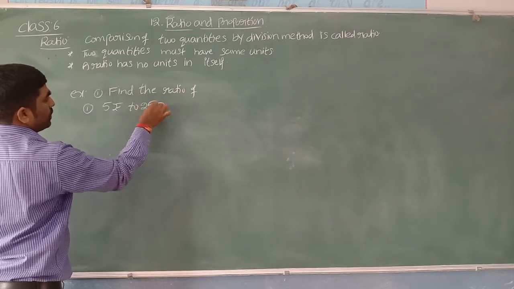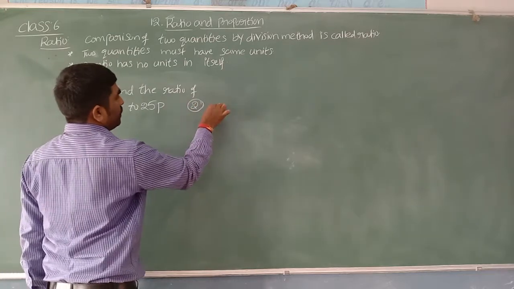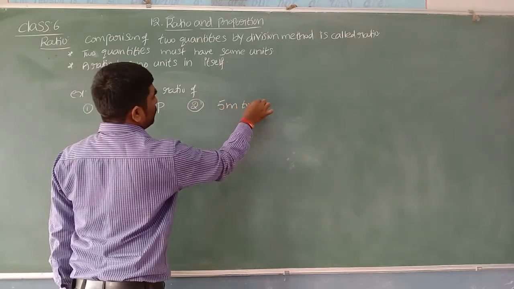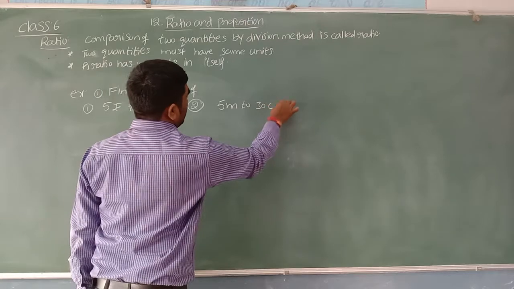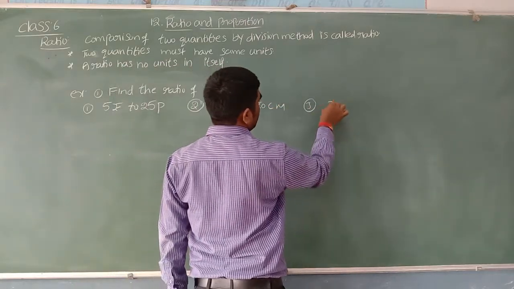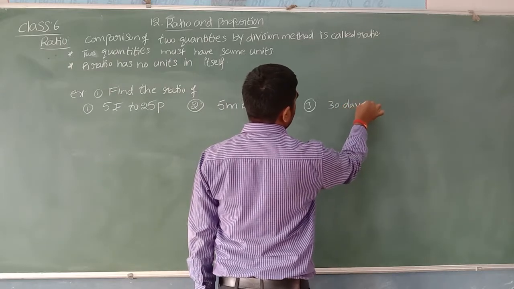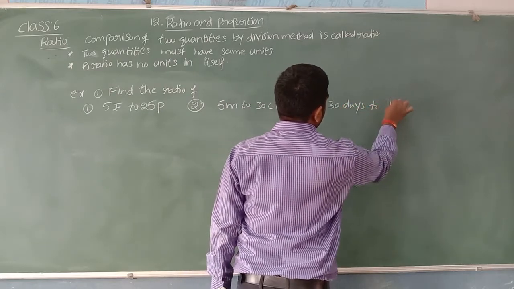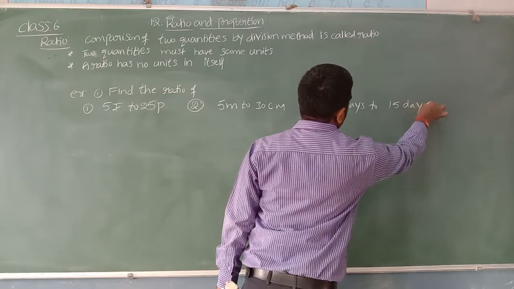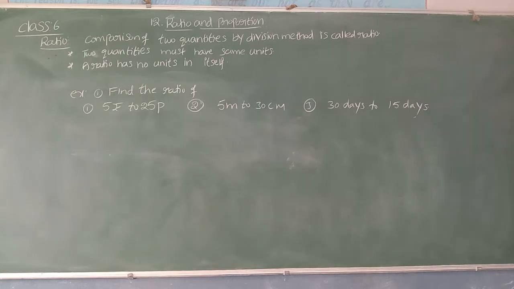The second one is 5 meter to 30 centimeter. And the third one is 30 days to 15 days. Now let us see how to find the ratio of these three.